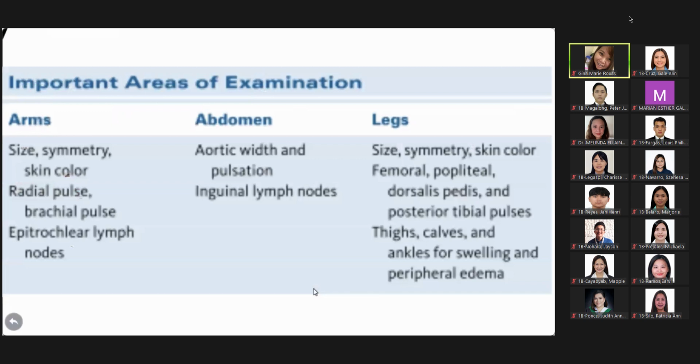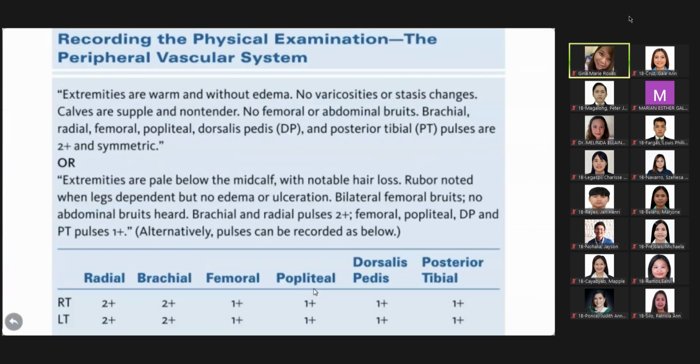Hopefully at the end you will be able to identify normal findings: extremities are warm and without edema, no varicosities or stasis changes, calves supple and non-tender, all pulses 2 plus and symmetric. Extremities pale below the mid-calf with notable hair loss is already suggestive of peripheral arterial disease. Rubor when the legs are dependent also suggests peripheral arterial disease, but no edema or ulceration.